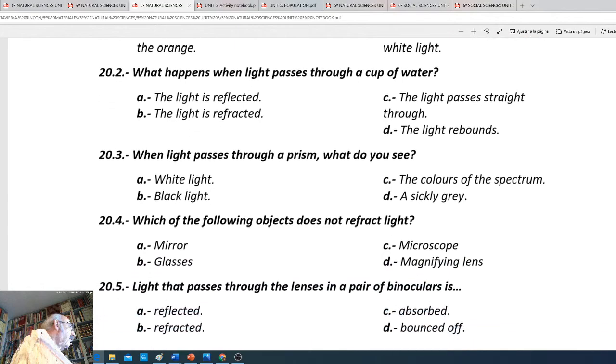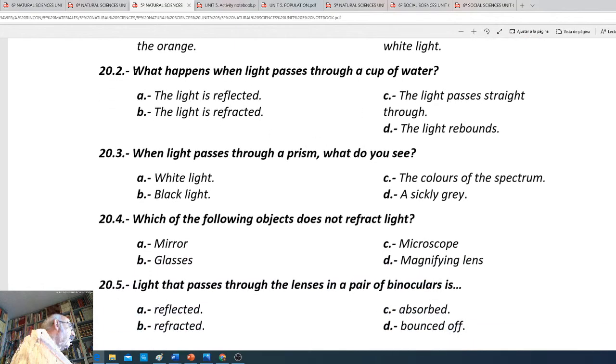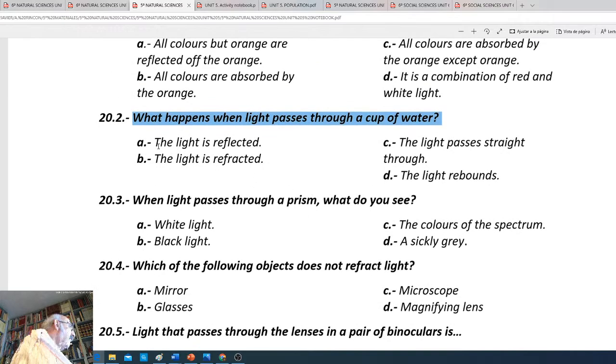Good. 22. What happens when light passes through a cup of water? We can choose between A, the light is reflected. B, the light is refracted. Remember, reflected is when you cannot see through it.